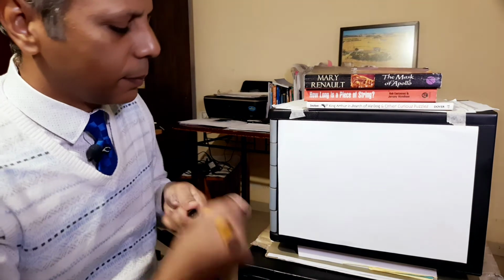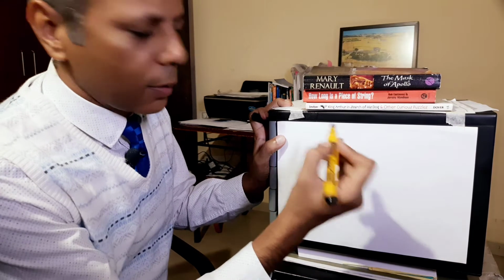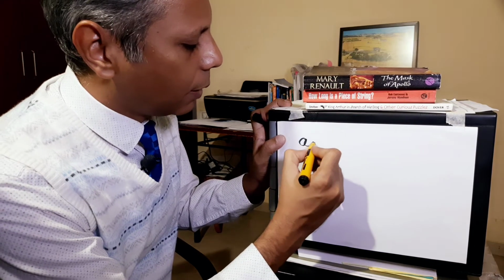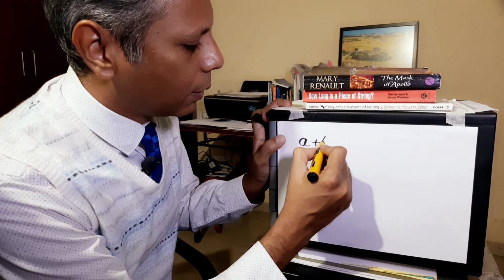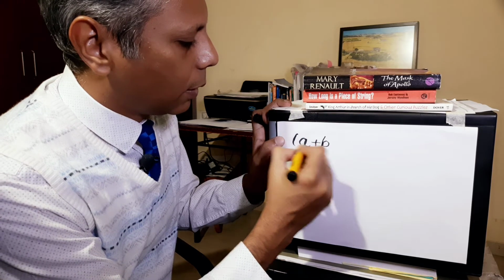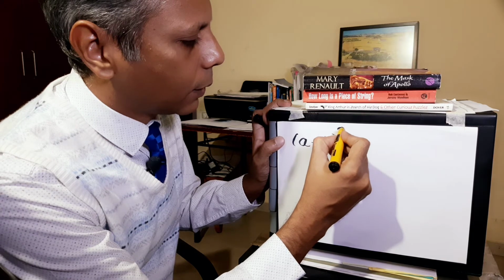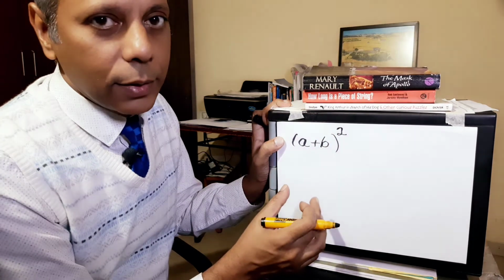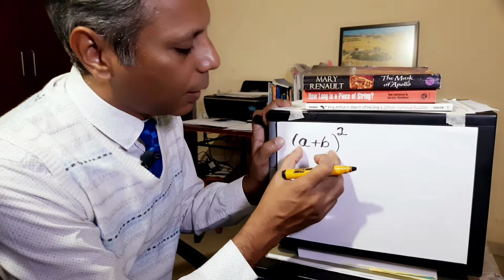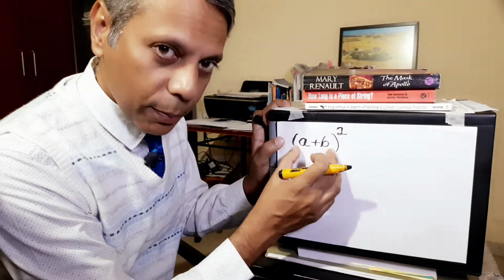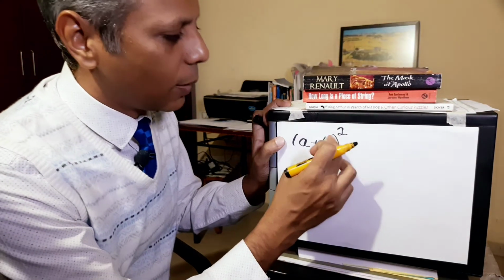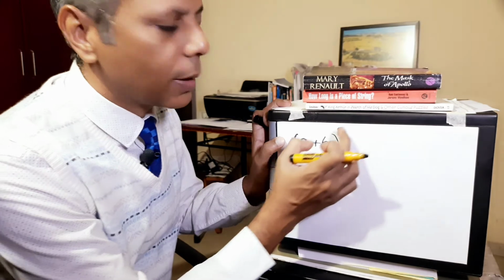But let's start. Let's take quantities a plus b and do a whole square. What this really means is we need to multiply a plus b with itself. That's why it is whole square. This whole thing whole square.